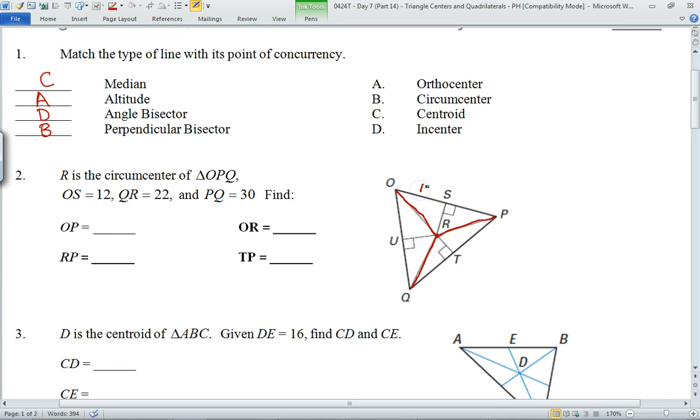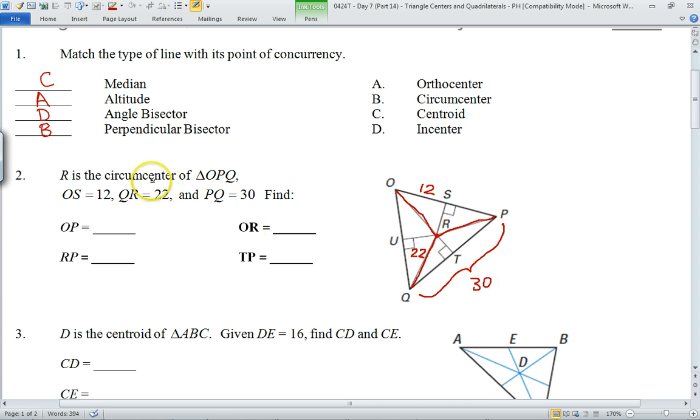Okay, so this is 12. QR is 22. So this is 22. And PQ is 30. That's all of this right here is 30.